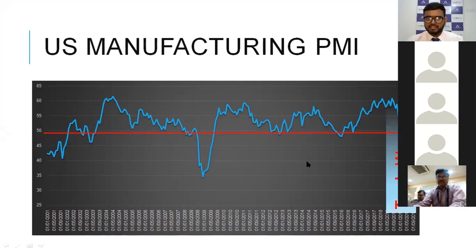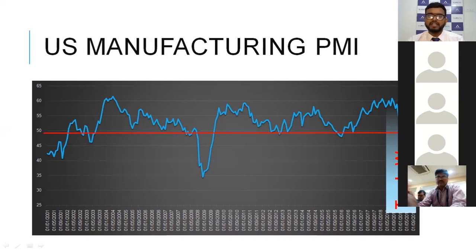So as you can see in this chart, US manufacturing PMI continued to fall, and this fall actually started in February 2018, and you can see in the chart that the fall is continuing, and there is no stop to this fall anywhere. In recent months, it has also dropped below the 50 contraction zone.